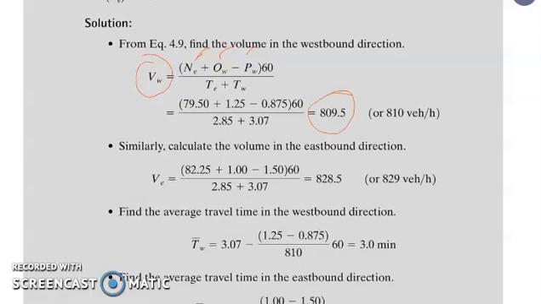Now, similarly, we have to compute also the volume in the eastbound direction. So to compute the volume in the eastbound direction, we have here V of E. So you simply have to substitute.